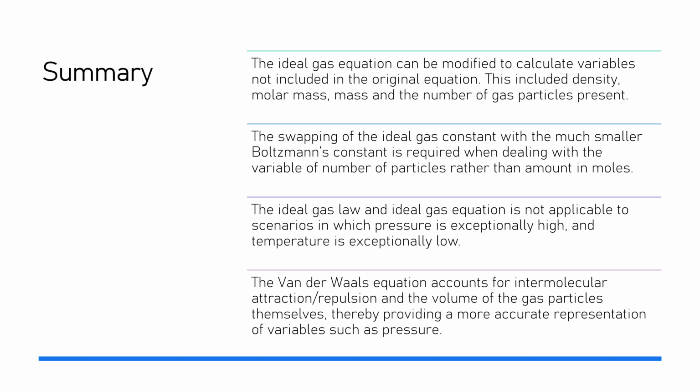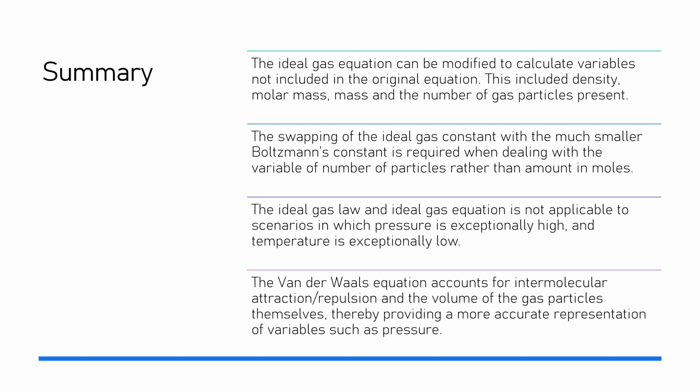We also discussed the scenarios where the ideal gas law and original ideal gas equation are not applicable. This is when pressure is exceptionally high and temperature is exceptionally low, which led to certain assumptions made within the original ideal gas law being proven wrong. We then discussed the van der Waals equation as a possible solution for dealing with gases that are too real for the ideal gas law, because it accounts for possible intermolecular attraction or repulsion and the volume of the gas particles themselves.